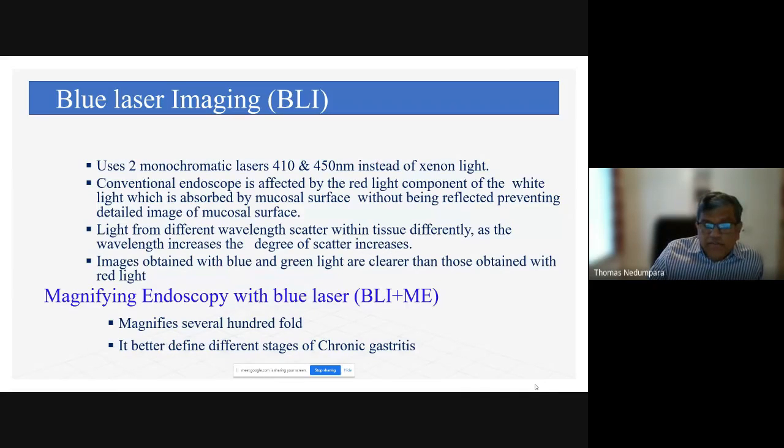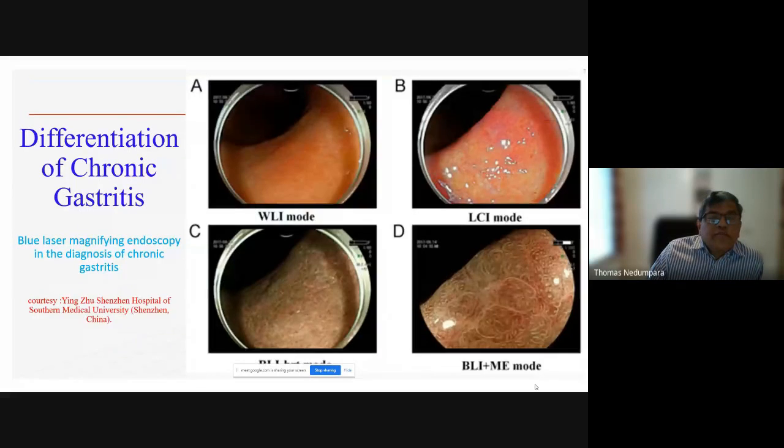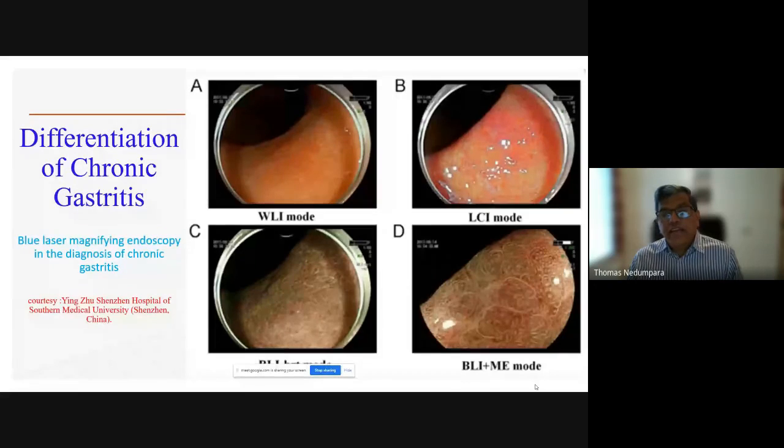Let me show it using pictures of chronic gastritis. What is chronic gastritis? It's an inflammation of the lining of the stomach produced mostly by an infection with a bacteria called Helicobacter pylori. Why is it important?